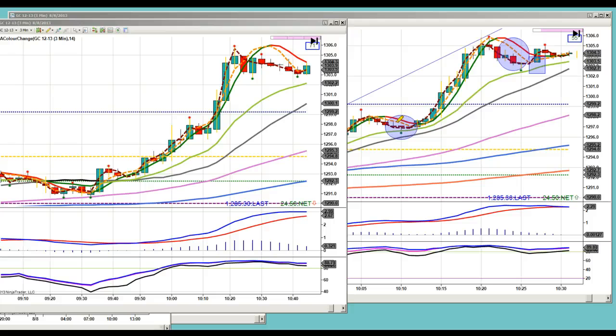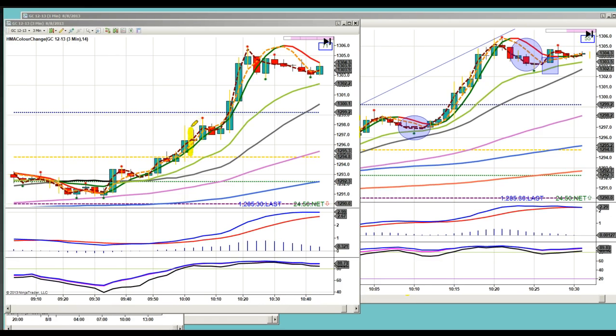The first thing I'm going to look at, if I compare at the same time, which is 10:10 in the morning, and I compare where my 3-minute is at, notice that my 3-minute is not even interested in doing a counter trend at that point. The HMA is still strongly green, and we just have a small blip of a red candle.